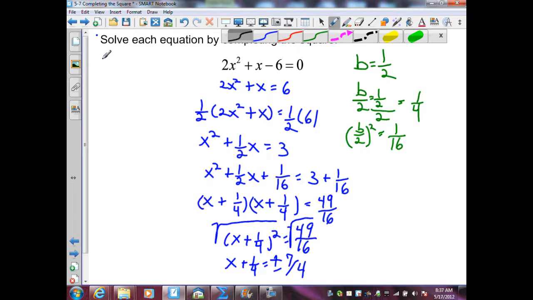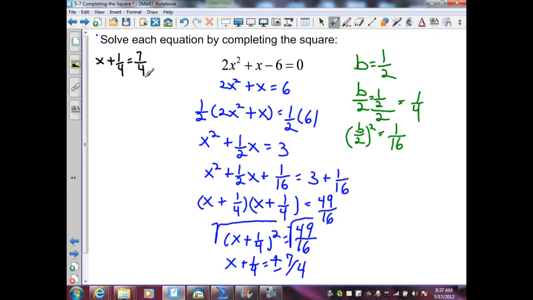My first, x plus 1/4 equals a positive 7/4. Subtract 1/4 on both sides. I'll get x equal to 7 minus 1/4 is 6/4, which can simplify to 3/2.